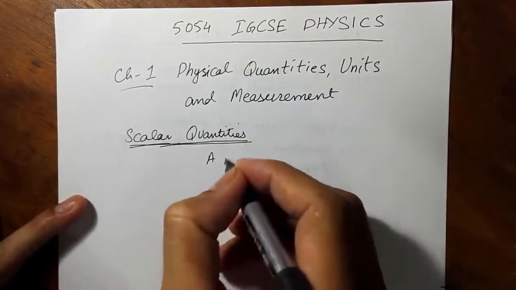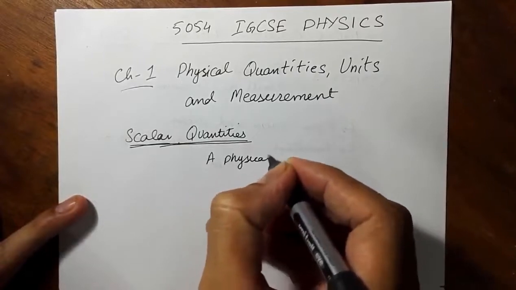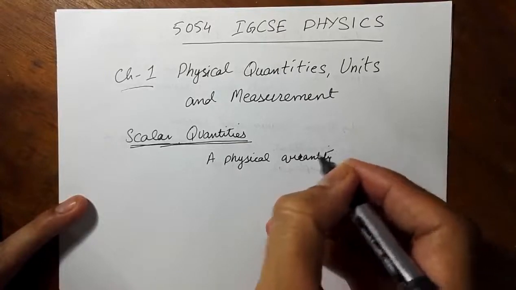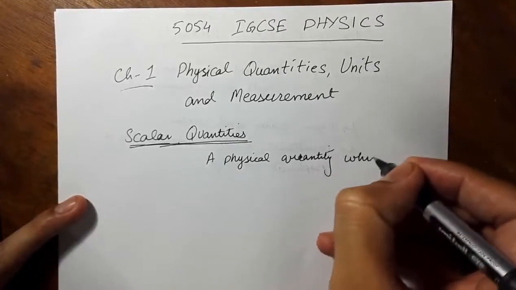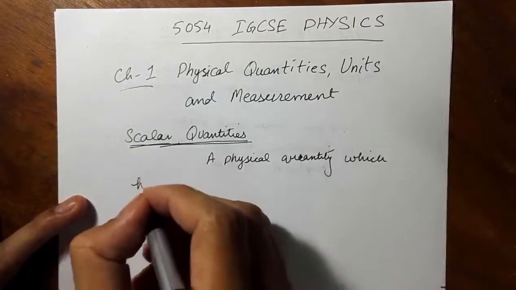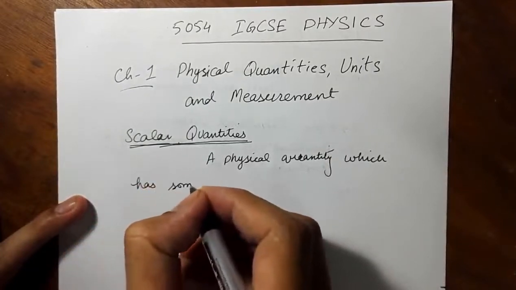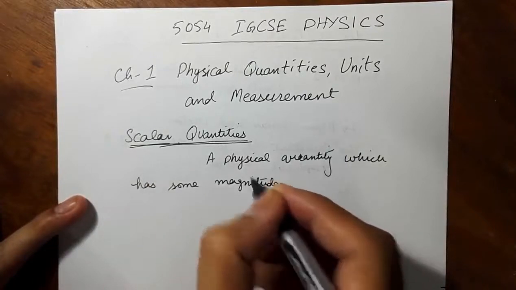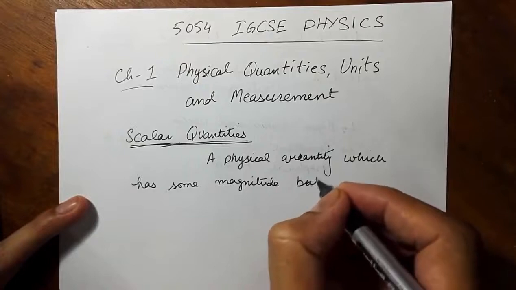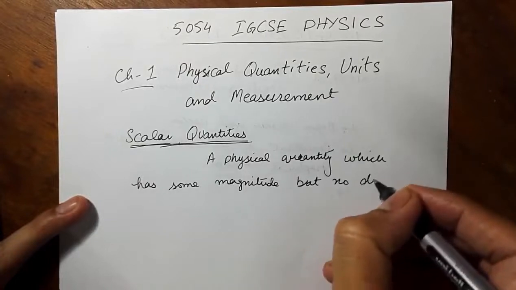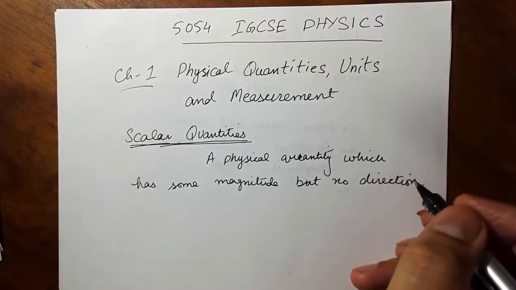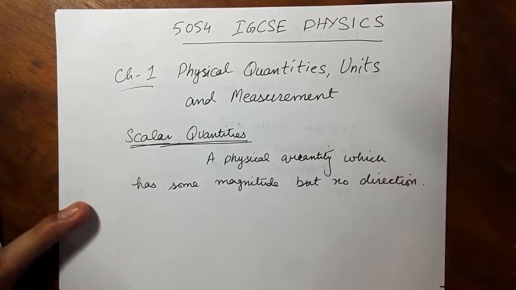A physical quantity which has some magnitude but no direction. It is such a physical quantity which has some magnitude but it has no direction. So such quantities are scalar quantities.